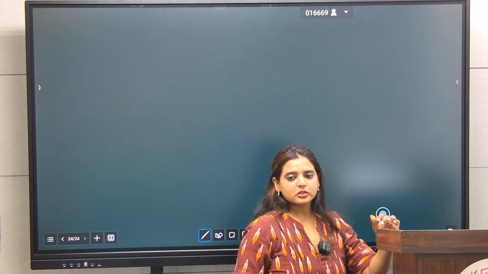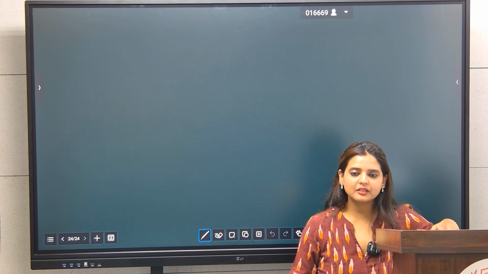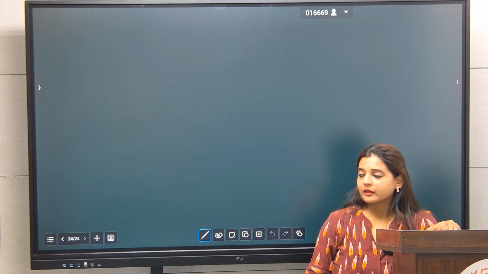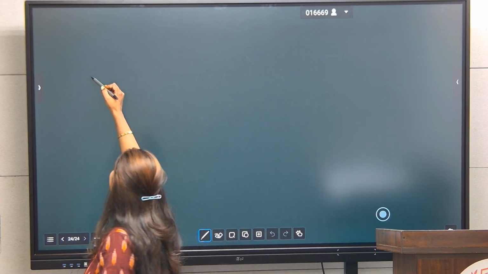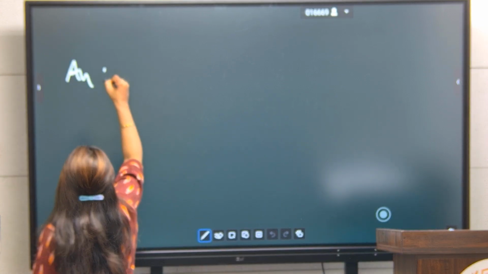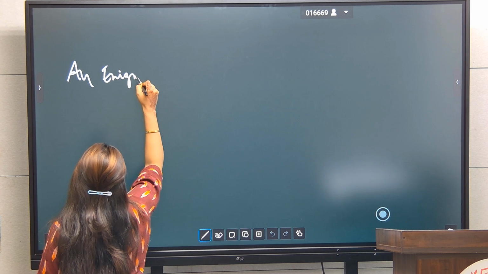A lot of script has also been found in Harappan civilization. So they used an enigmatic script.